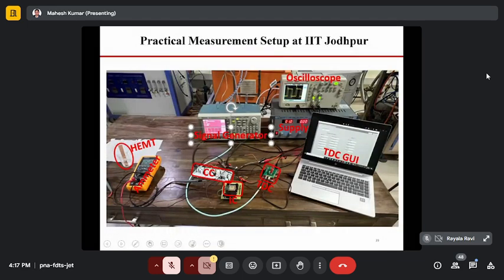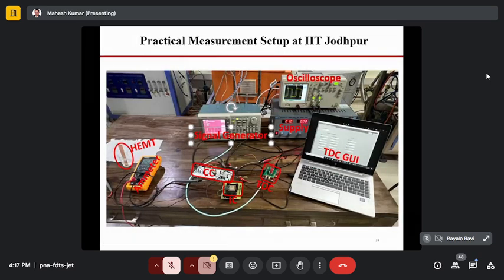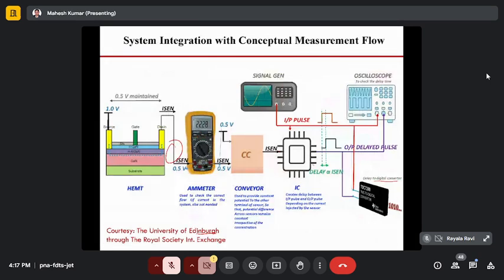This is the setup, how we have made it. So here is our sensor. From here we are applying a constant voltage, and this goes from the sensor signal to the conveyor.